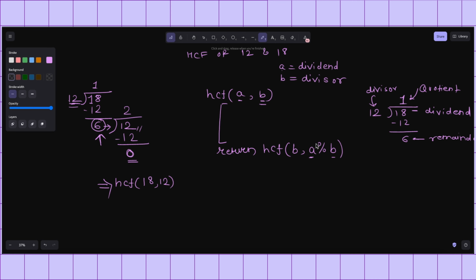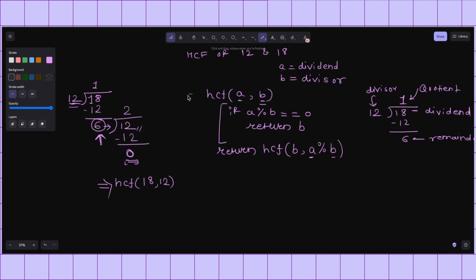It is as simple as that. Now what will be the base condition? As I told you, whenever my remainder is 0, my current divisor is my answer. So if my current remainder is equal to 0, we can directly return the divisor. Here my divisor is b, so we will return b.